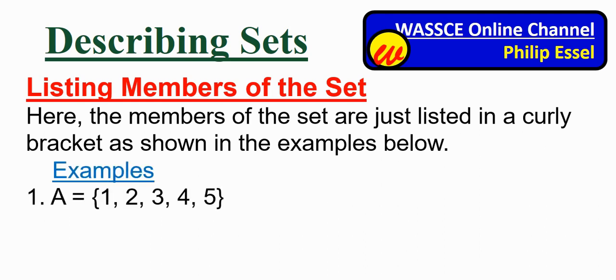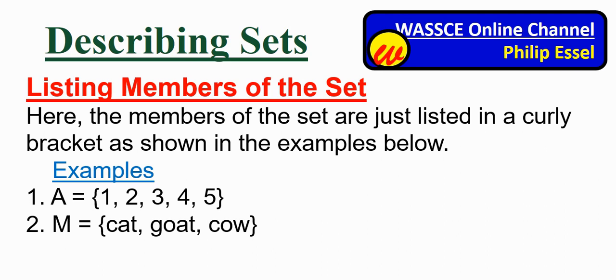Example 1 shows the set A. And as you can see, the members of the set A have just been listed. So we have 1, 2, 3, 4, and 5. So that's how we describe sets, by listing its members. And always remember to list the members of the set in a curly bracket.